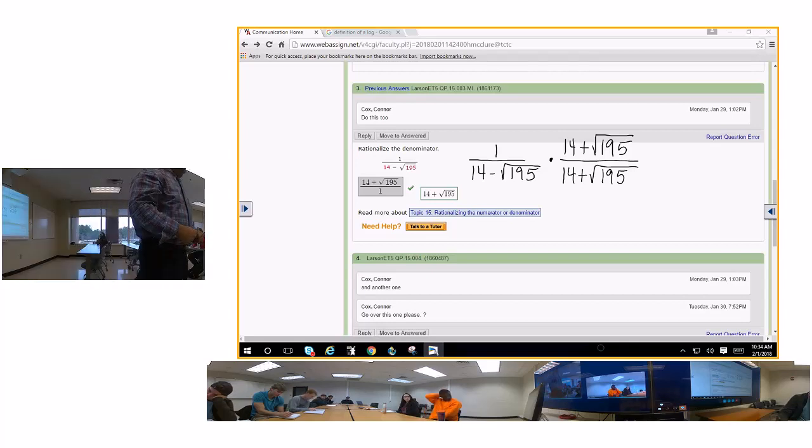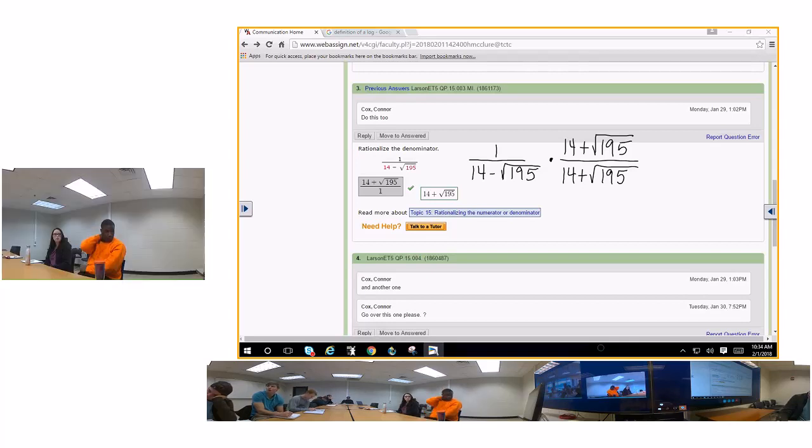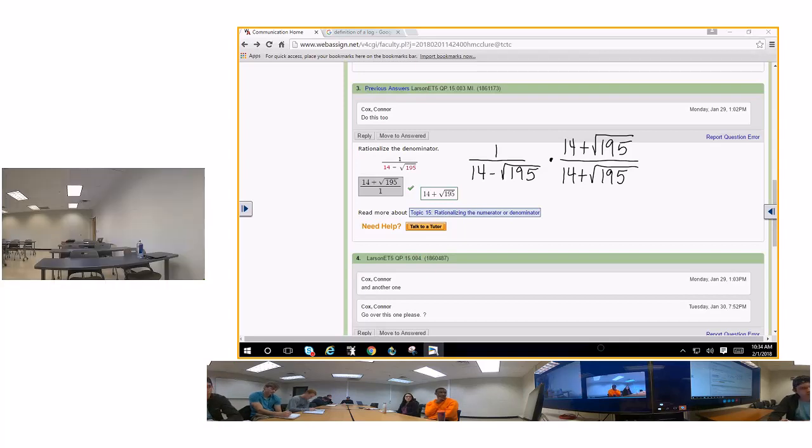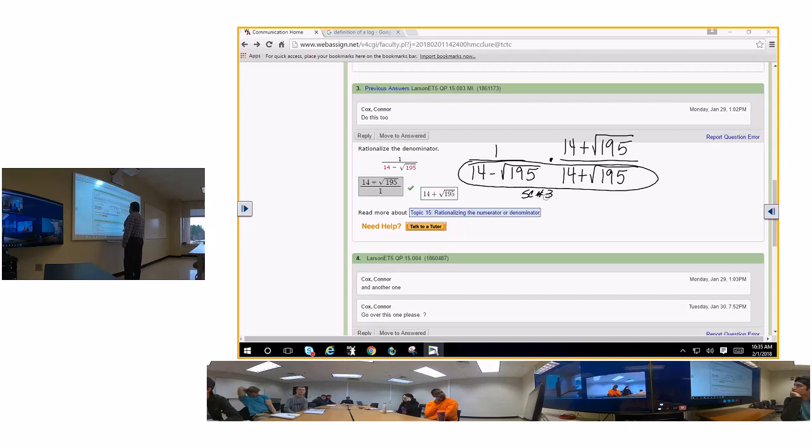Shortcut number 3. Good, class. And that's right here. Shortcut number 3. So that's going to give us in the bottom 14 squared minus the square root of 195 squared.